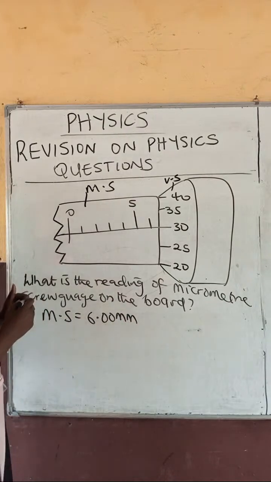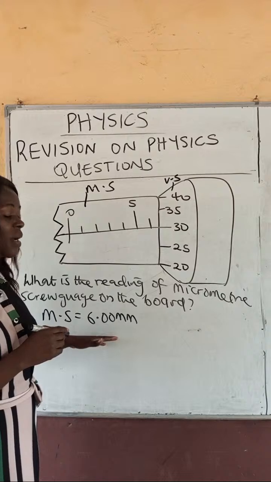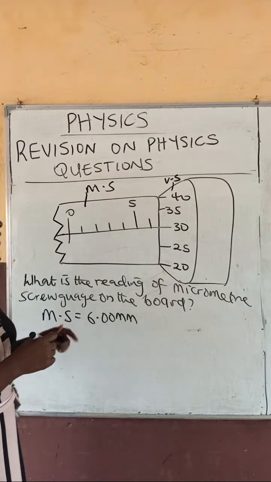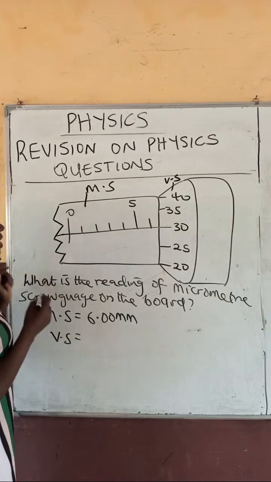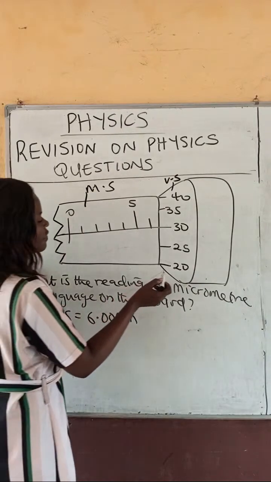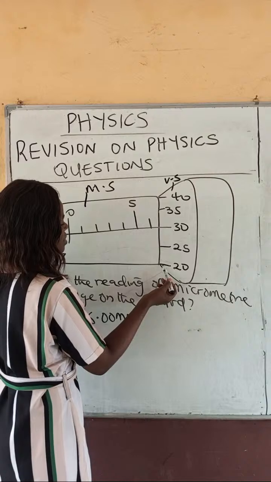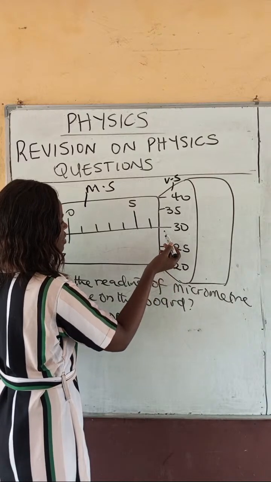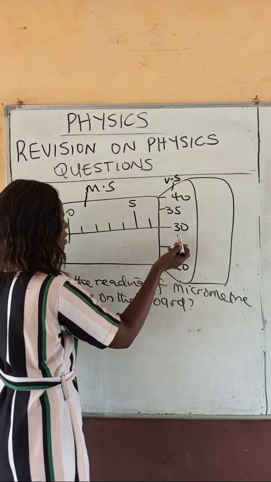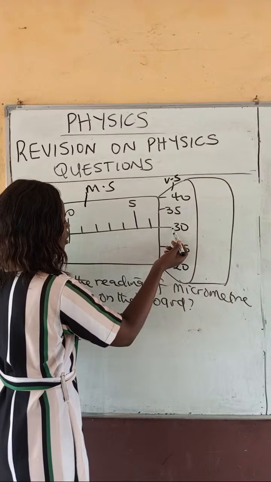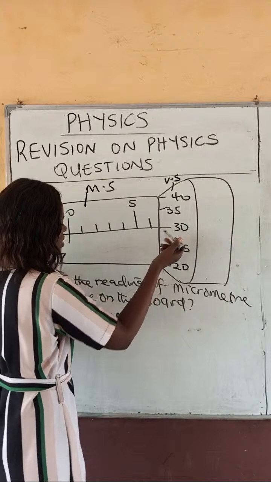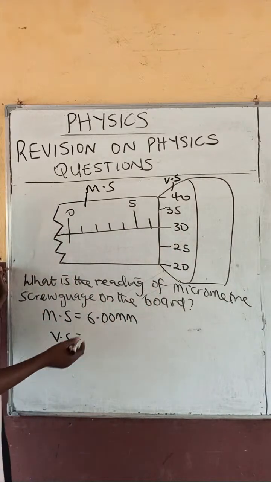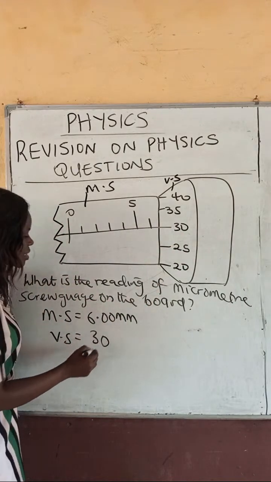And mind you that a micrometer screw gauge is normally measured in millimeters. So for the Vernier scale, I'll read from here. This is 20, 25, 30. Now look at this 30. This 30 is the line that connects both the Vernier scale and the main scale. It's at 30. So I'm going to record Vernier scale to be 30.